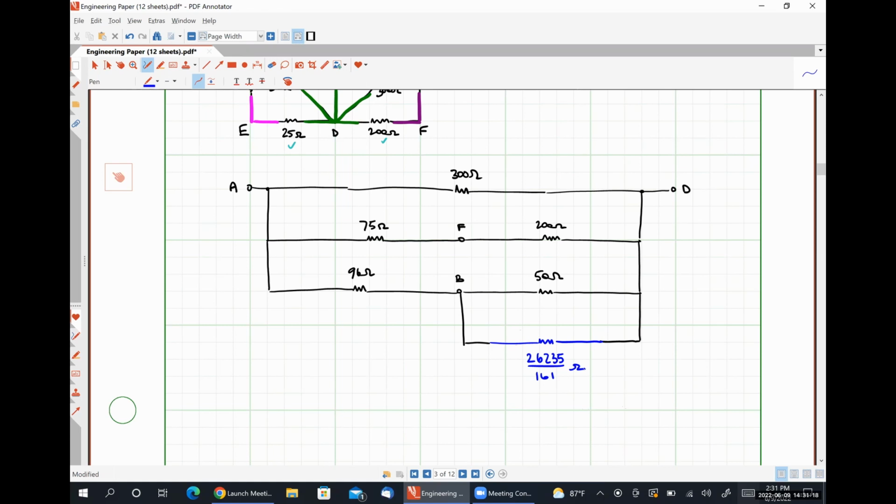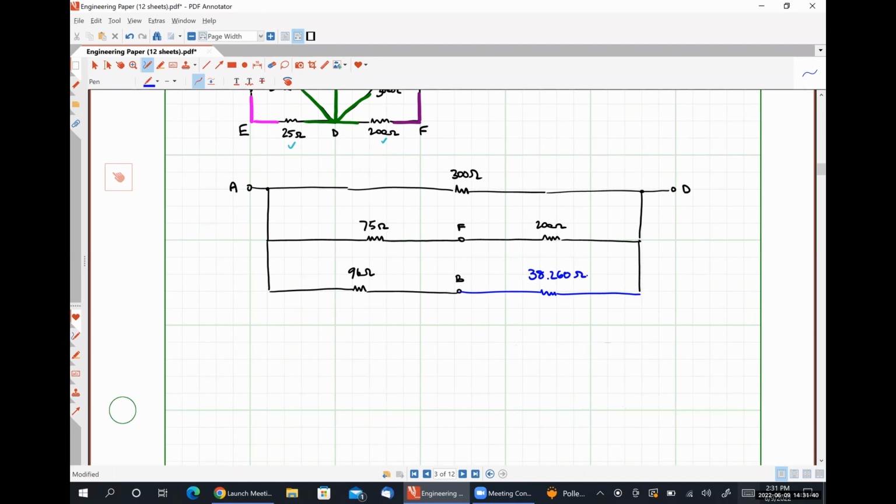When I make that combination, I get a 38.260 ohm resistance.